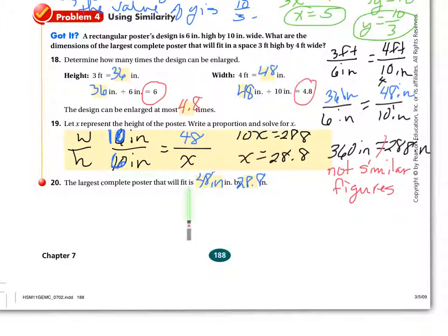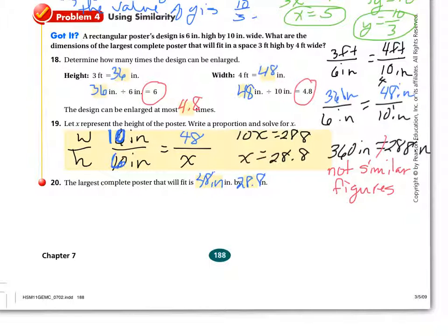So if we were to expand this poster into that space, it is not going to perfectly expand into a 36 by 48 inch poster. And so, since we can't go over the space limits, we had to go under the space limits. Does that make sense? Okay, and so we're using our knowledge of similar figures to do so.